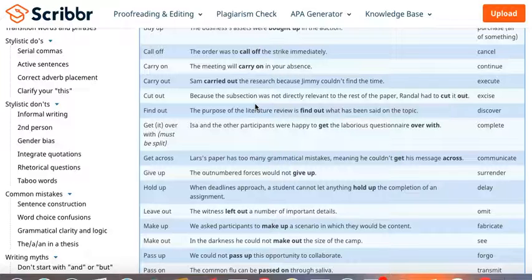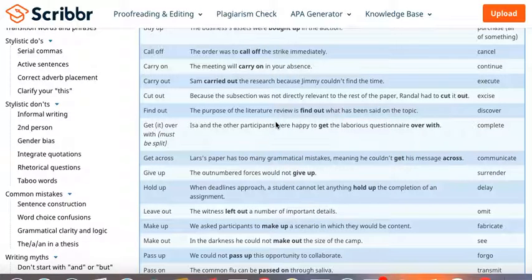The first time you use subsection, the second time you use the pronoun it. Okay, so what does cut out mean? I need one word, a substitution. Excise. I don't think I've ever used that word. I better start practicing.